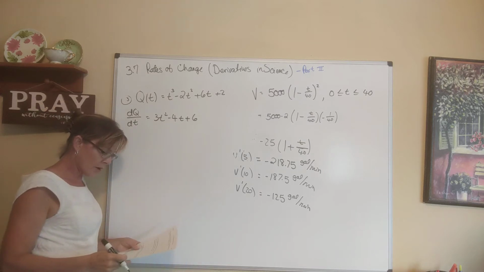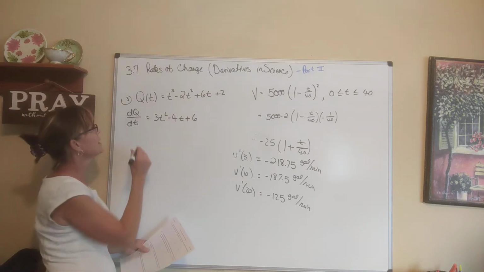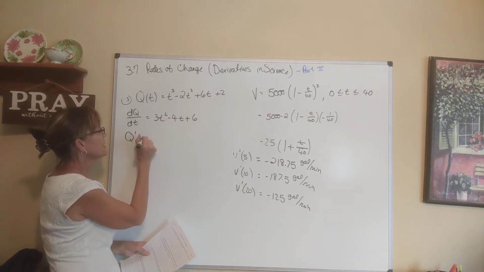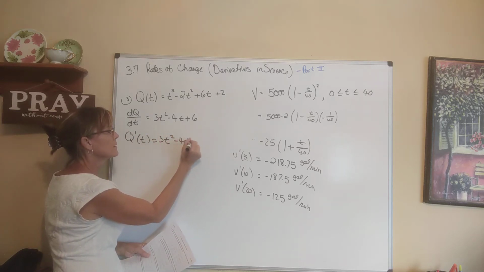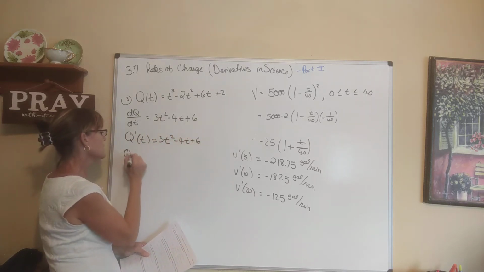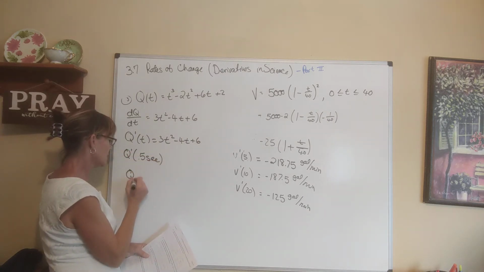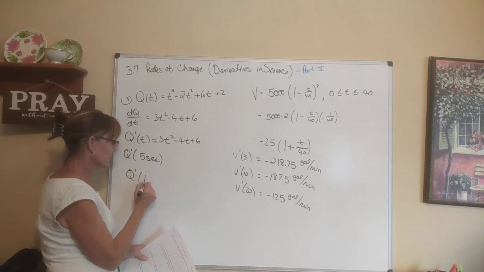Then they want us to find it when time is 0.5 seconds and when time is 1 second. So what is Q prime of t after 0.5 seconds? And what is the current flow after 1 second?